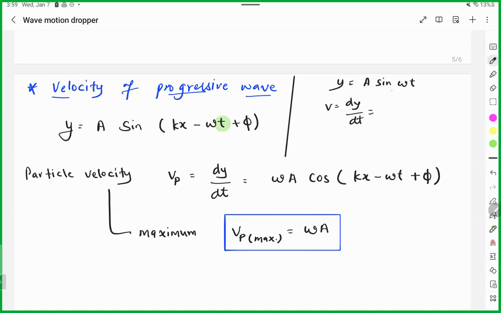With respect to time you are differentiating, so omega will come outside. It will be omega a cos omega t. If you again differentiate, you will get acceleration, because acceleration is equal to dv by dt. Then omega will again come out: omega square a sine omega t. Any doubt, guys? This is what we did.